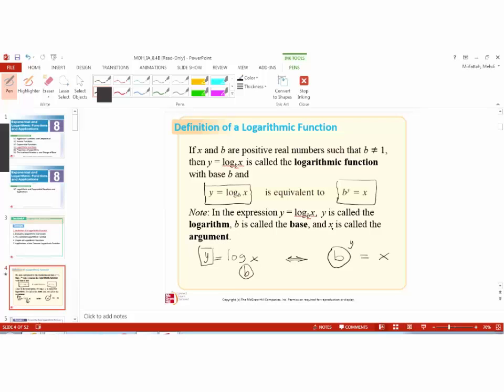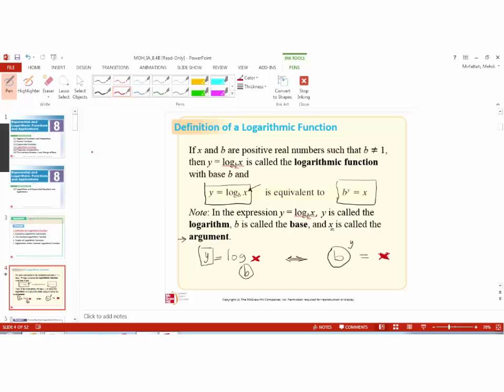And note that this x has a name: it's called the argument. So I'm going to label the argument x with the red color here. This argument could be an expression, as you'll see later.